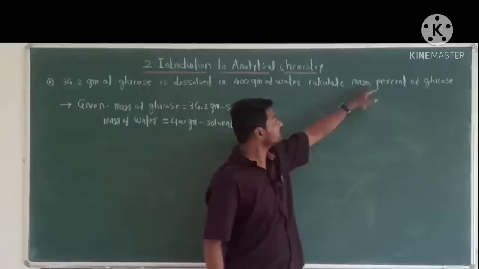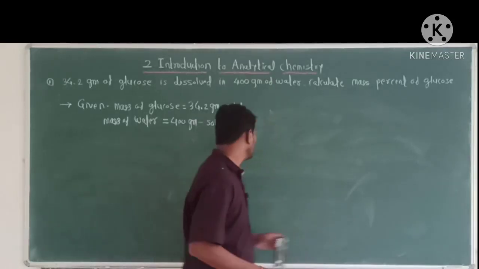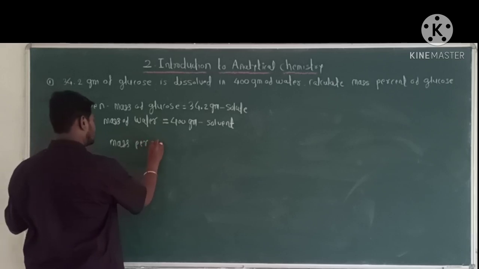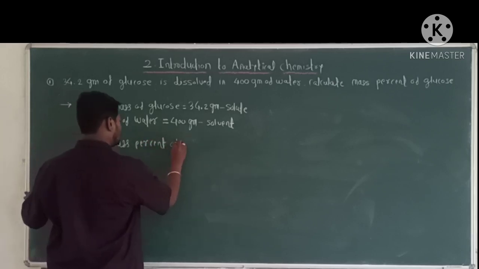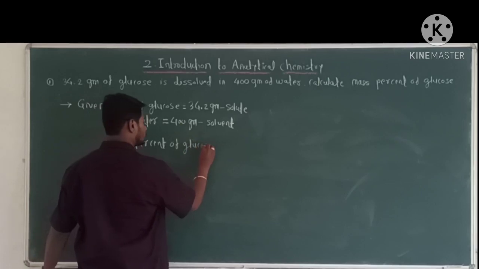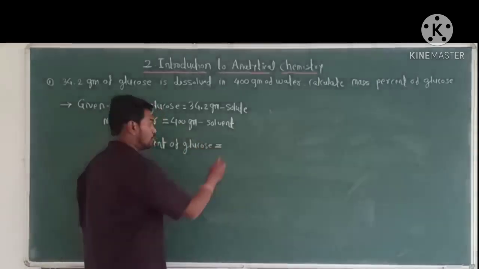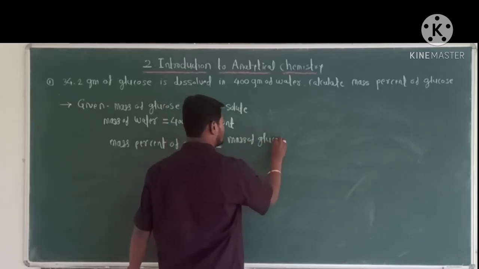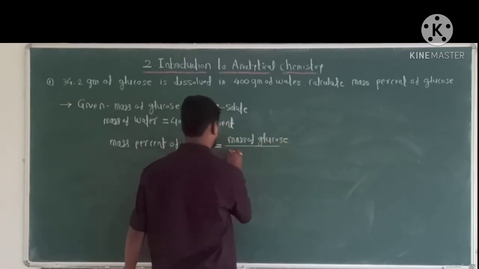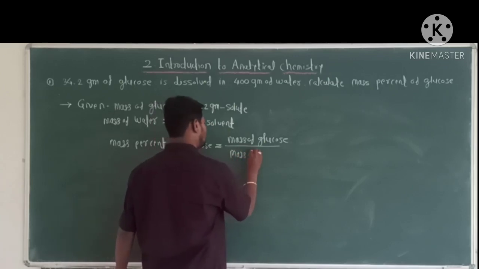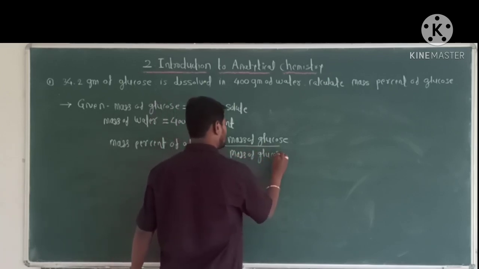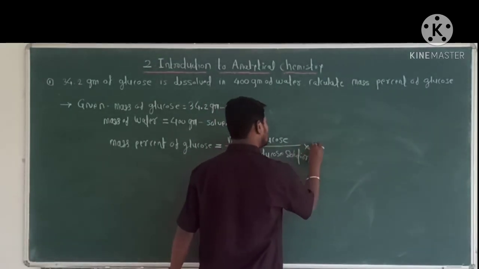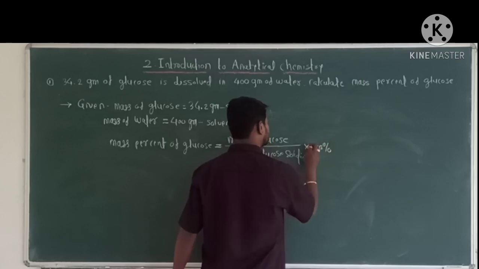Now calculate mass percentage of glucose. Mass percent of glucose is equal to mass of glucose divided by mass of glucose solution into 100%.